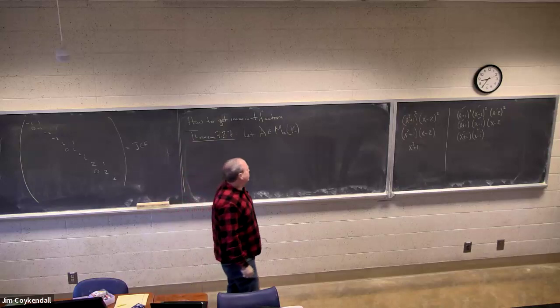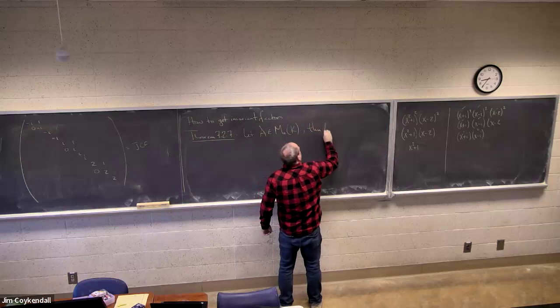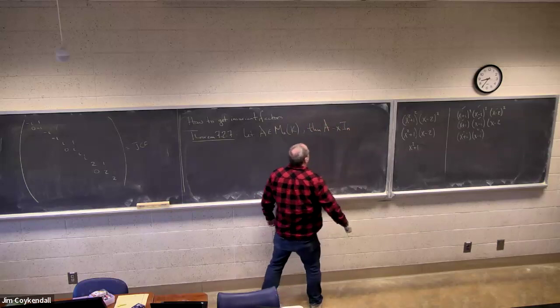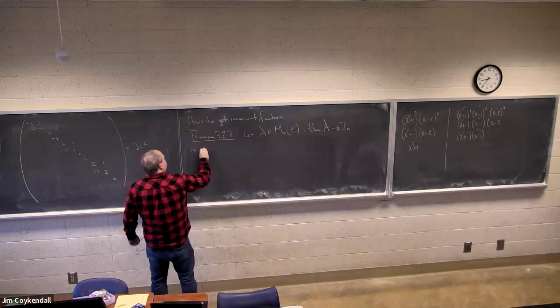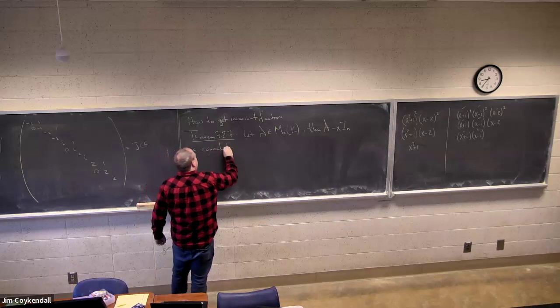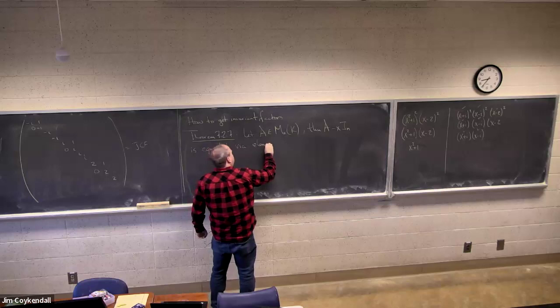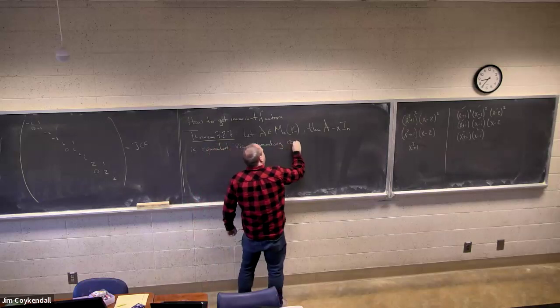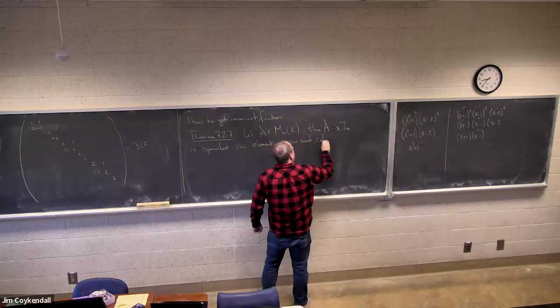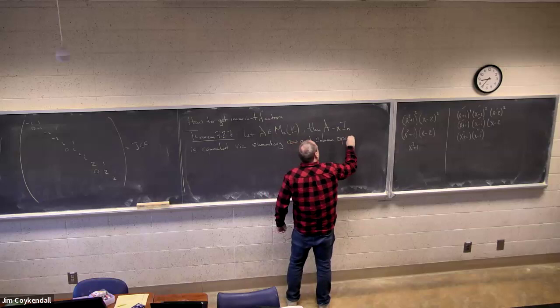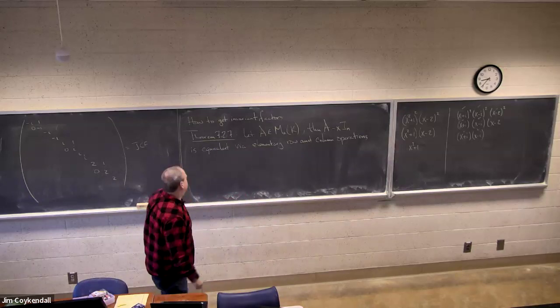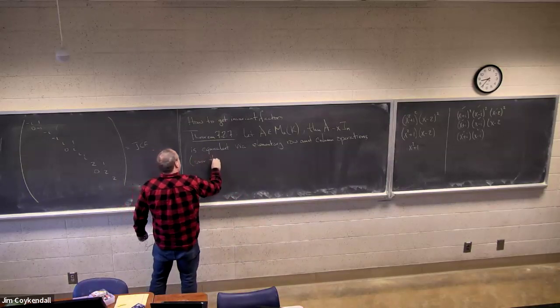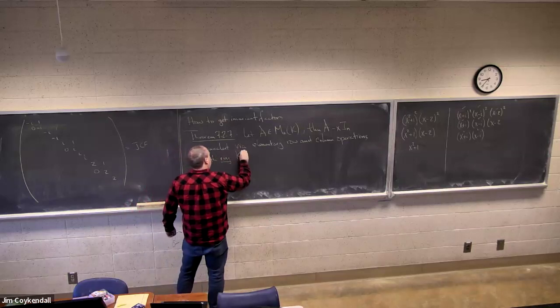Then the matrix of polynomials xI minus A is equivalent via elementary row and column operations over the ring K[x].